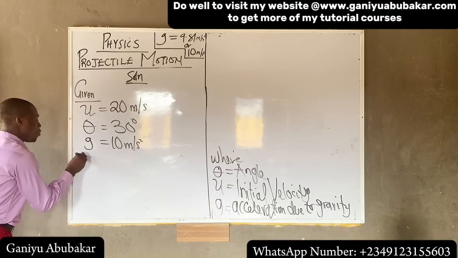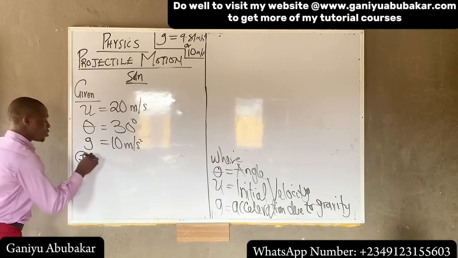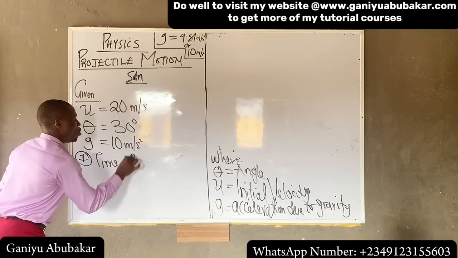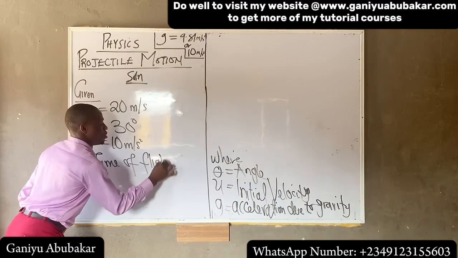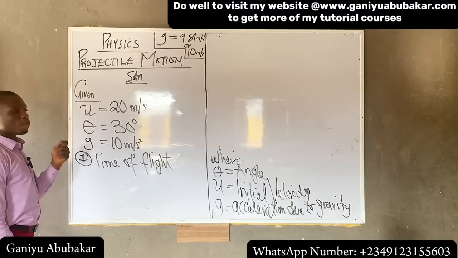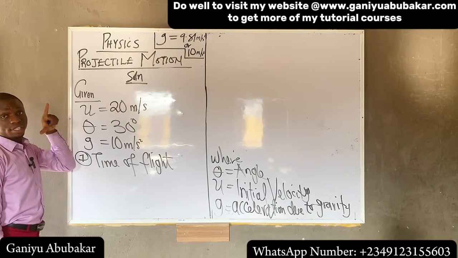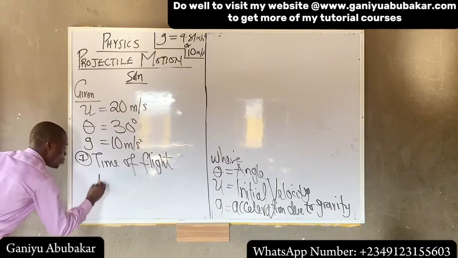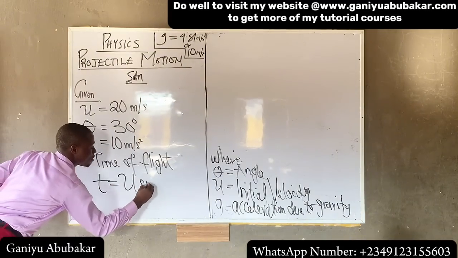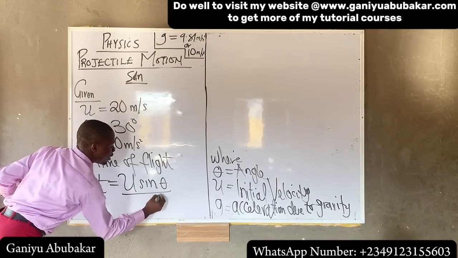So the first question is the time of flight. Is this small t or capital T? Small t. So small t equals u sine theta over g.